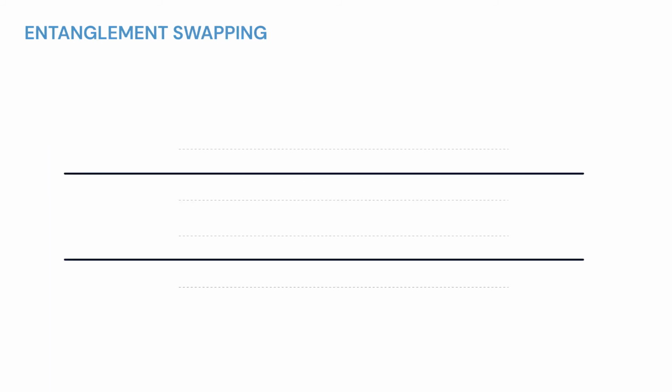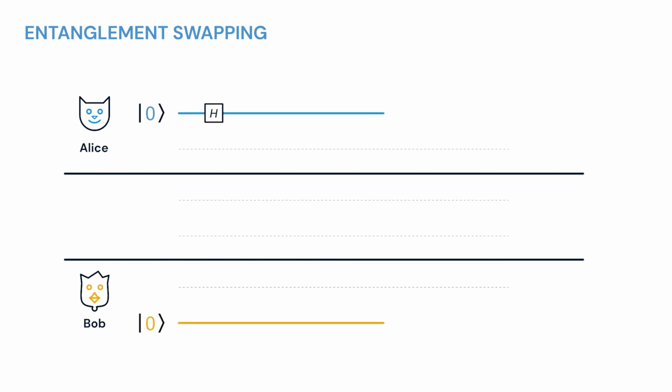Another fascinating quantum communication primitive is entanglement swapping, or teleportation of entanglement. It allows two parties that are not directly connected to establish entanglement by consuming a Bell pair and two classical bits. It works as follows. First, the two not connected parties, blue and yellow, create Bell states.